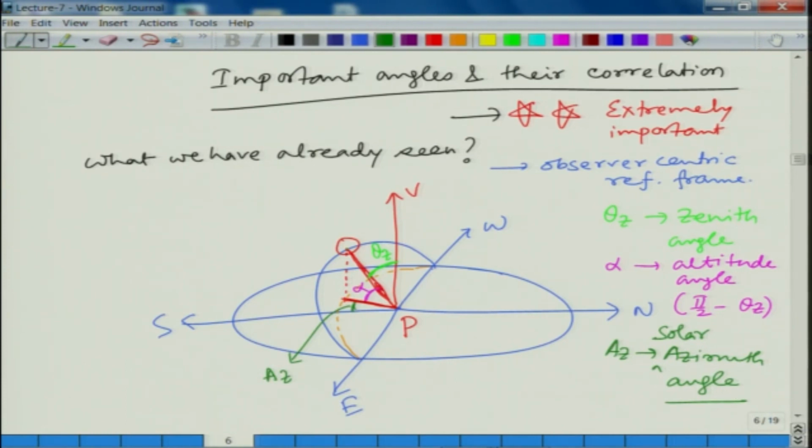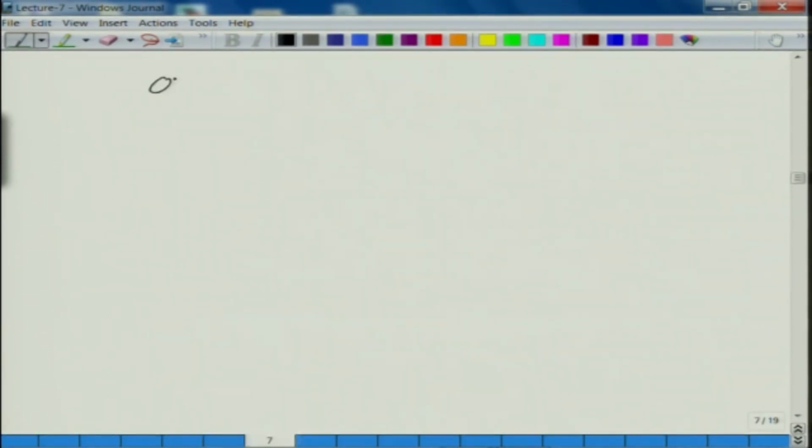Okay. So, this we have already seen. What else have we seen is the observer position with respect to the center of the earth.